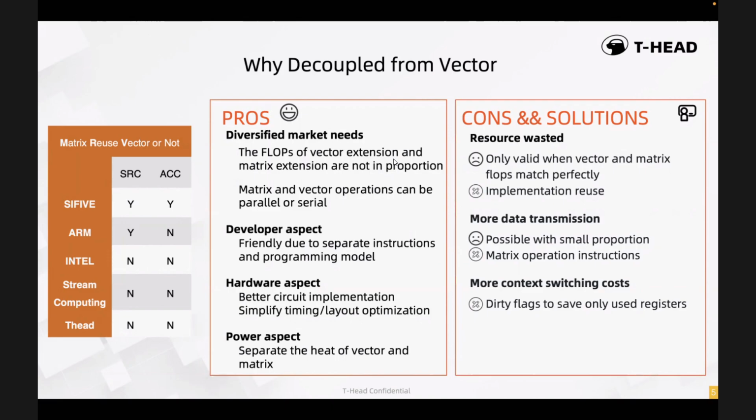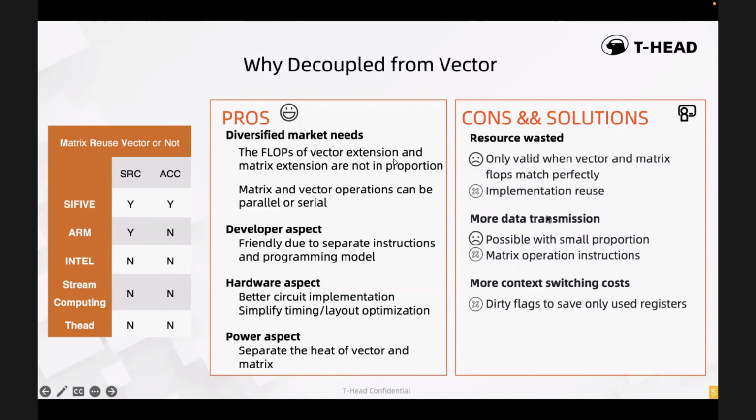As we can see, the vector flops of a conventional RISC-V processor will greatly restrict the promotion of matrix flops. To reduce the waste of resources, we can adopt a reuse implementation. For example, a matrix processing unit can reuse vector resources at the hardware implementation level.